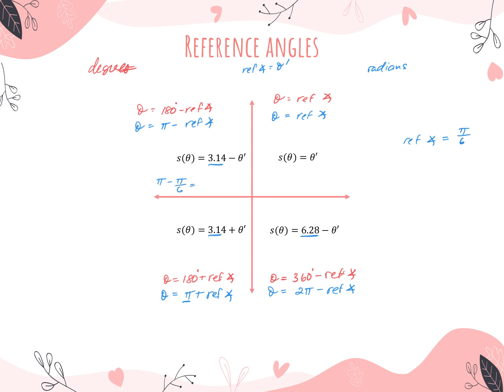When I do the math, I can convert pi to 6 pi over 6 minus pi over 6, and so I know it's 5 pi over 6. So I have to turn pi, or 2 pi, into something with a denominator that matches the denominator in the reference angle. So let's go to the next slide.